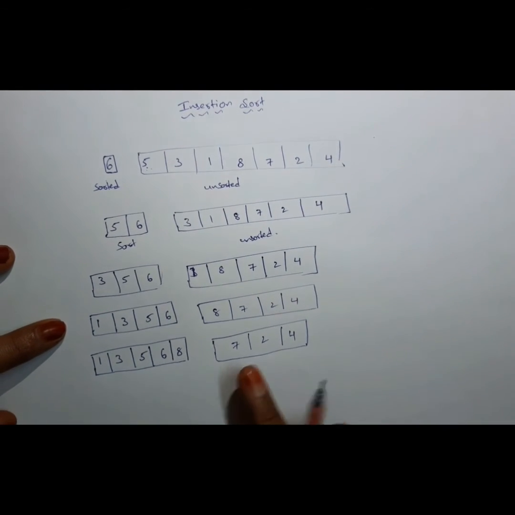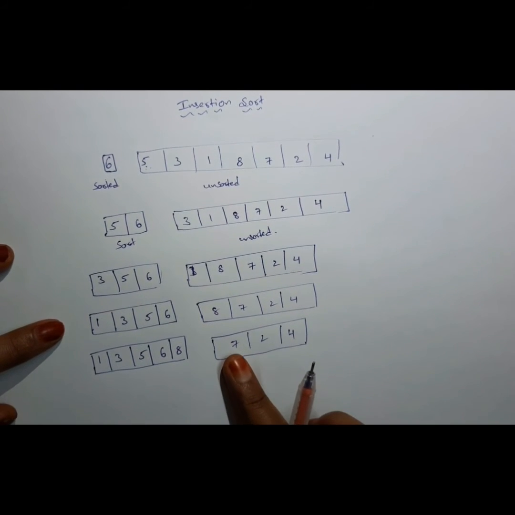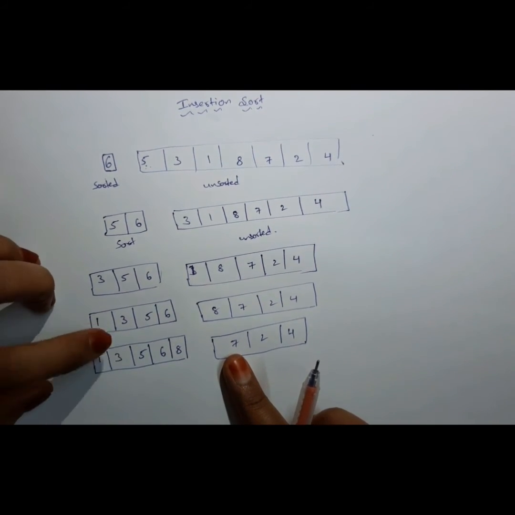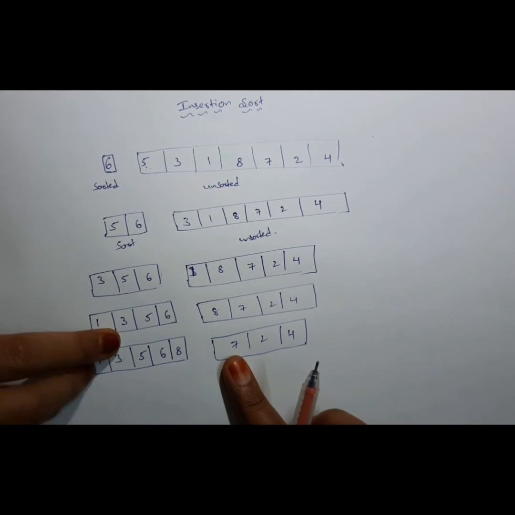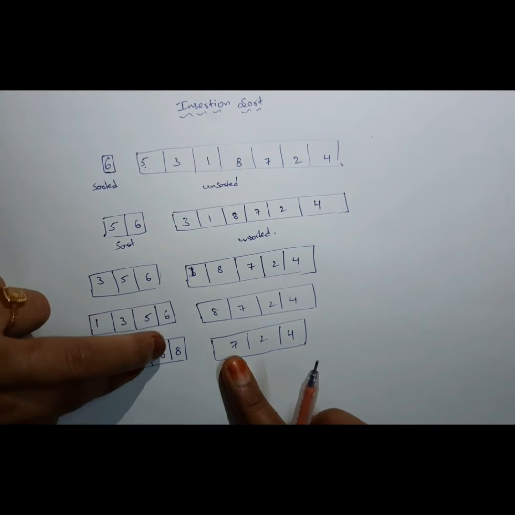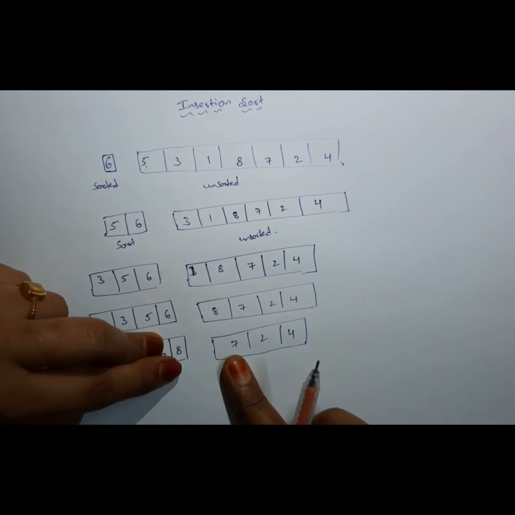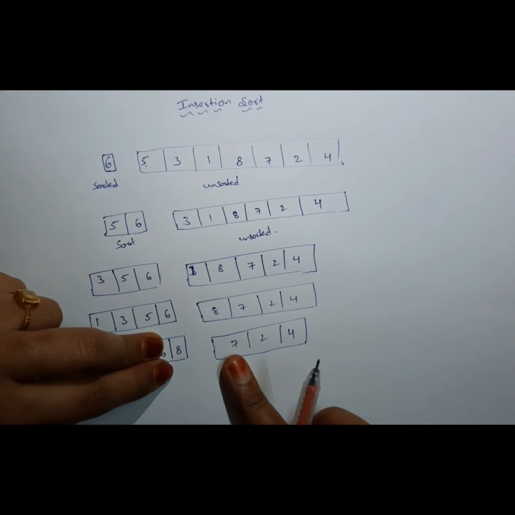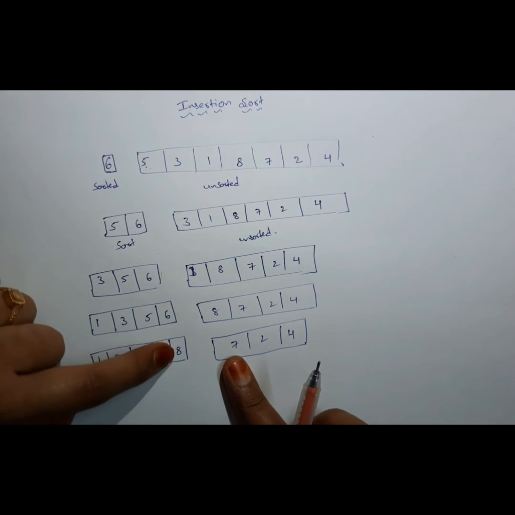Okay, now I need to consider the element 7, and I need to compare it with these elements in the sorting list. Okay, 7 is greater than 1, 7 is greater than 3, 7 is greater than 5, 7 is greater than 6. Okay, see, in this case I am considering 7 with 8. Okay, 7 is smaller than 8, so I need to insert the element 7 in this position.